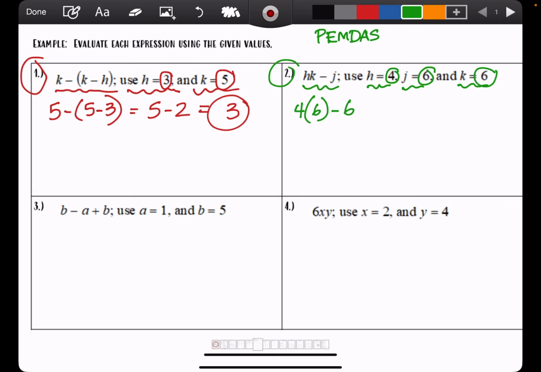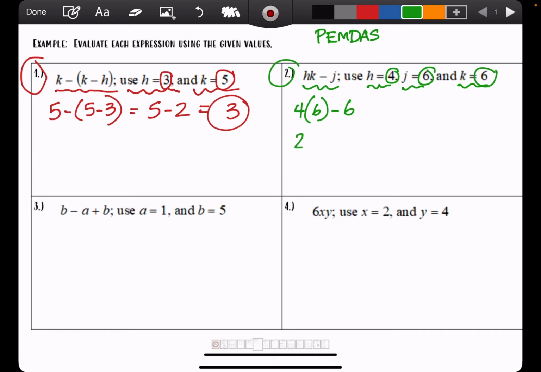Multiplication, you might not see a multiplication symbol here, but just remember, when you have a number next to parentheses and there's no operation symbol between the 4 and the parentheses, that means multiplication, even though there's no dot to symbolize it. So it's really 4 times 6 right there.